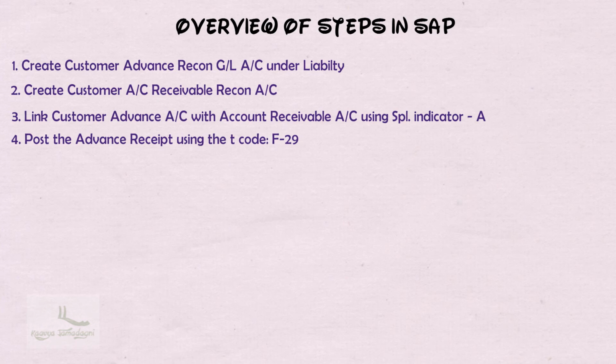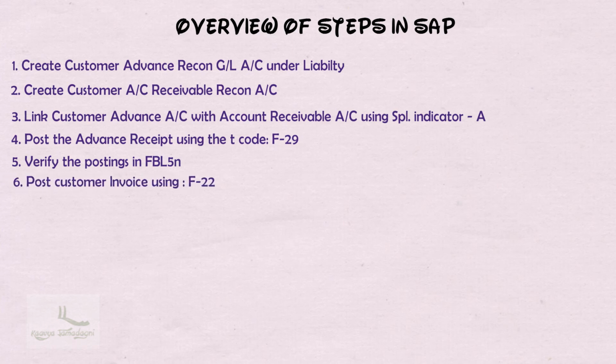We will verify the postings in the FBL5N report under the special GL transactions, and we can observe this in the next video. Then we will post the invoice using the T code F-22. After that, we do the transfer of special GL postings to normal GL, that is, from the total invoice outstanding amount we deduct the advance received from the customer using the T code F-39.